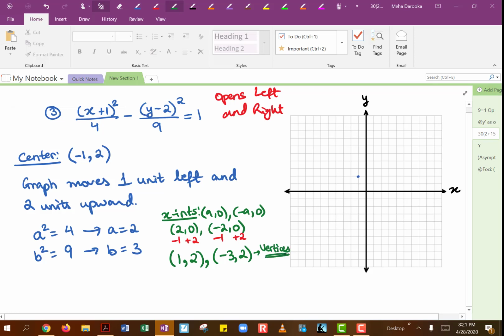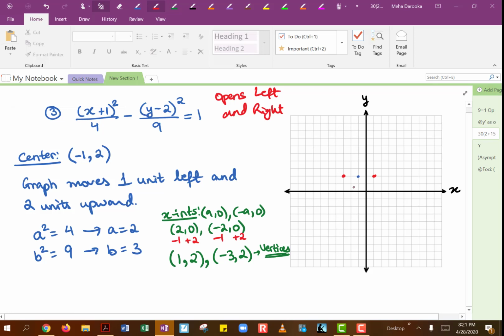So that will be (1, 2) and (-3, 2). This is where your graph will be crossing the transverse axis.